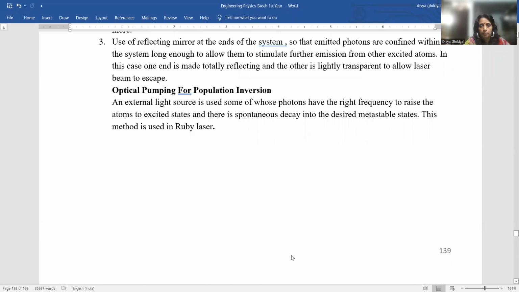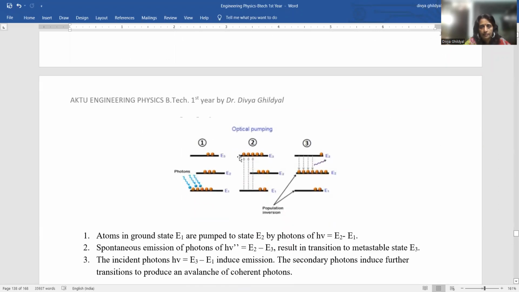Once again, population inversion means when the number of atoms in the excited state becomes more than that in the ground state. Population is inverted. Earlier, in the ground state it was more and in the excited state it was less, but with the help of pumping, we have reversed the process.